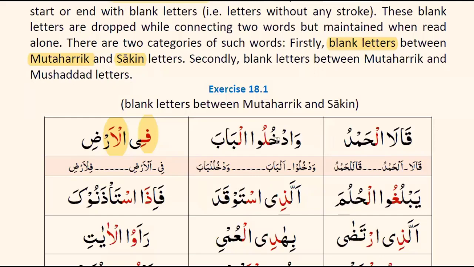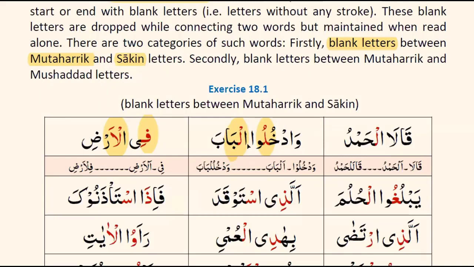Same here in the second box, we have a lam. It carries a dhamma, so it's a mutaharrik letter. And in between, we have two blank alifs. And then we have a lam, which is a sakin letter. So this is the first category I'm covering.